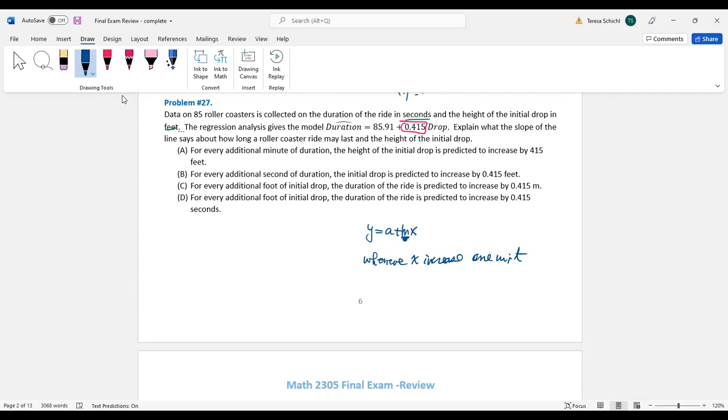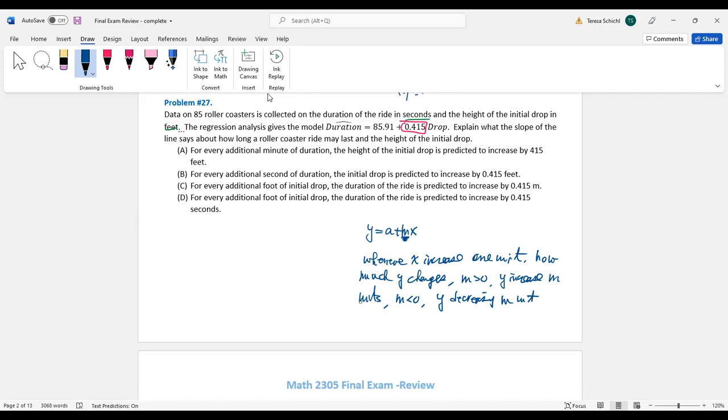When x increases 1 unit, how much does y change? If m is greater than 0, y increases m units, correct? And if m is less than 0, y decreases m units.